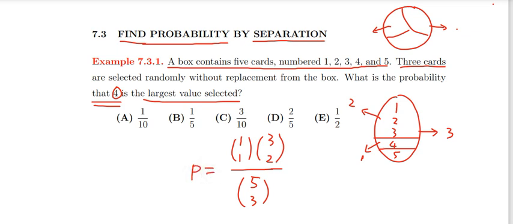Here we can understand this as: from the total, pick 3, and we don't care which 3 we picked. Then split this into parts. From this part pick 1, from that part pick 2, and from this part we can also say pick 0.